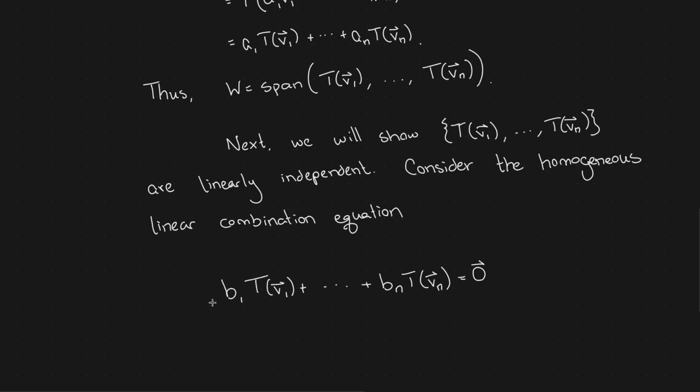I want to show that the only choice of coefficients here is having them all be 0.